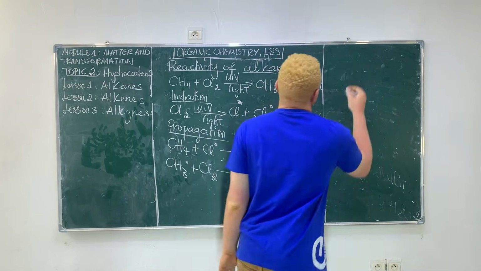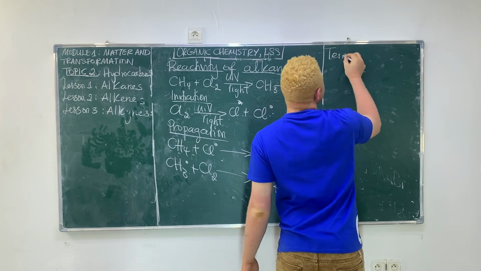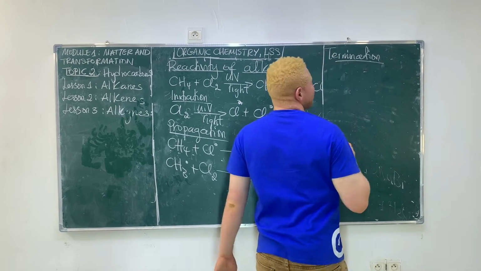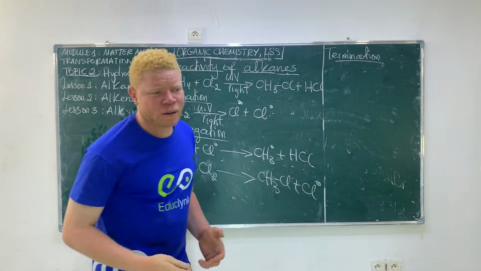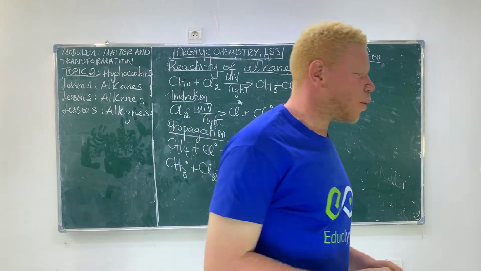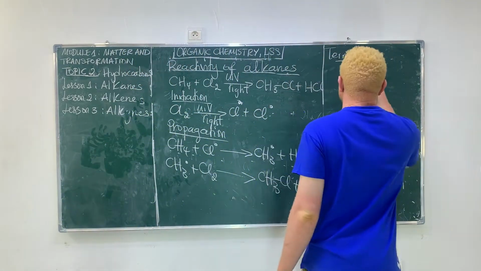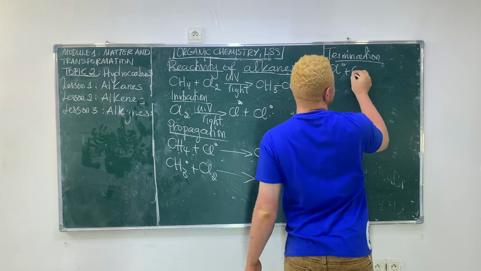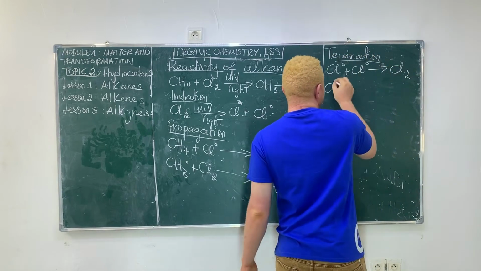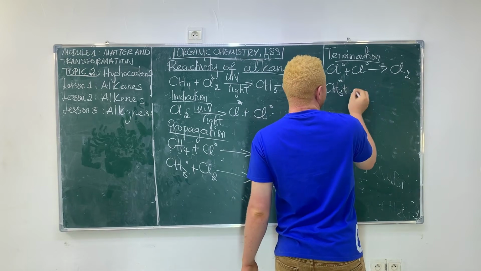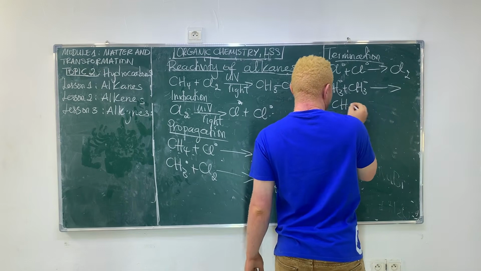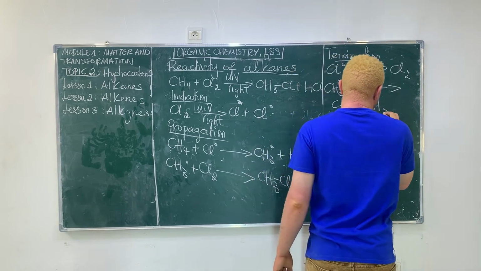Then termination. Termination here means recombination. All the radicals that have been formed recombine to form neutral molecules. What does that mean? Cl dot plus Cl dot combine to give Cl2. CH3 dot plus CH3 dot combine to give CH3CH3.